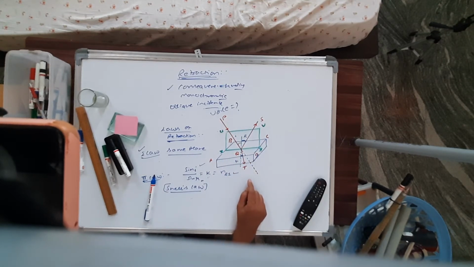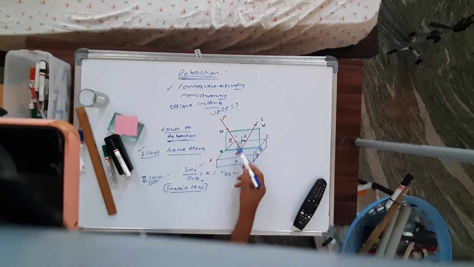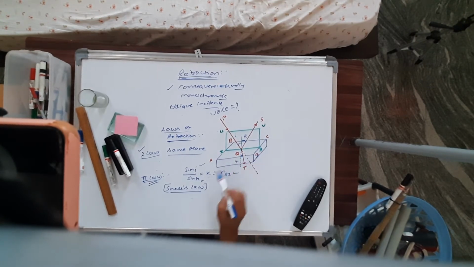Second law: for a given pair of media, consider glass and air or glass and water, the ratio of the sine of angle of incidence to the sine of angle of refraction is constant, and this constant is called the refractive index of medium 2 with respect to medium 1.